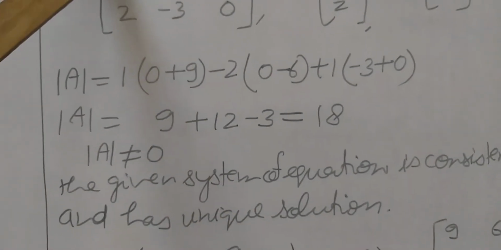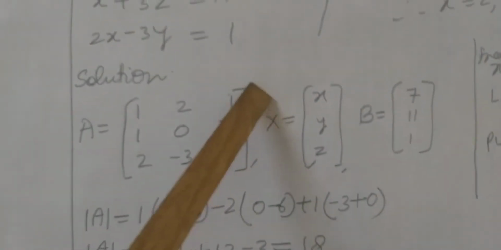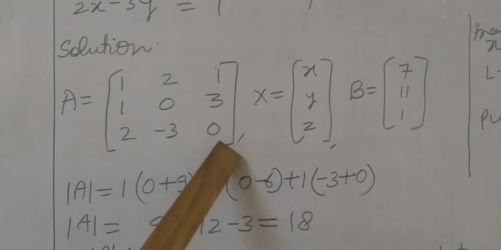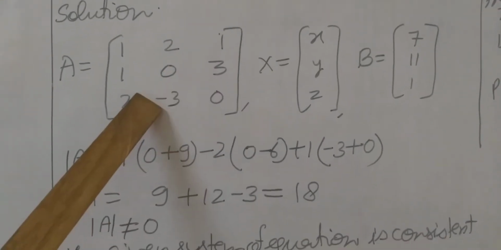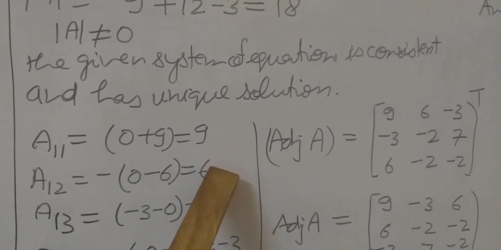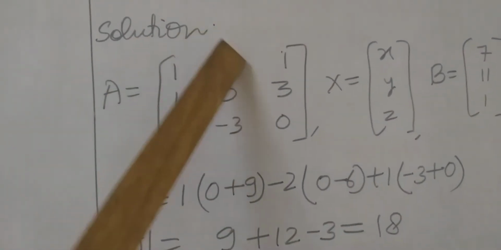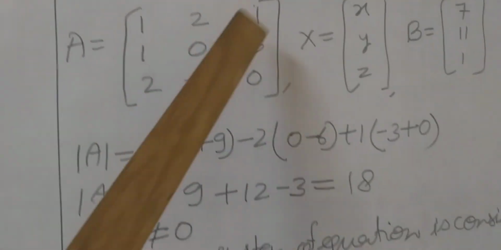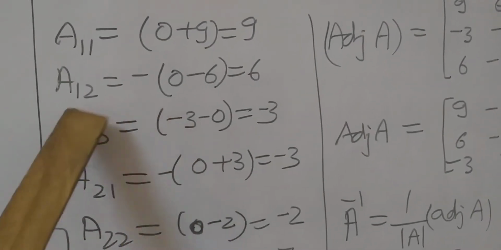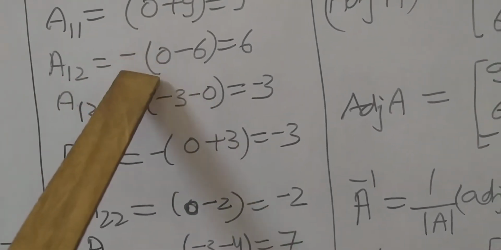So let us find out the cofactor of A11. Delete its column, its row. 0 plus 9, 9, student. Now its cofactor, delete its column, its row. 0 minus 6, and the sum of 1 and 2 is odd, that's why I put a minus sign.